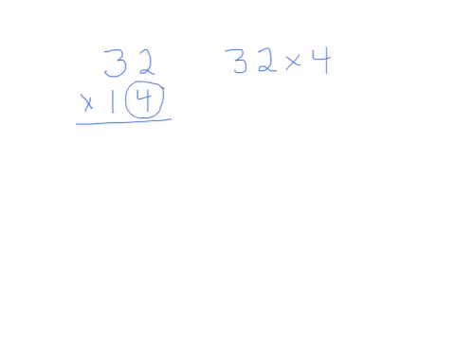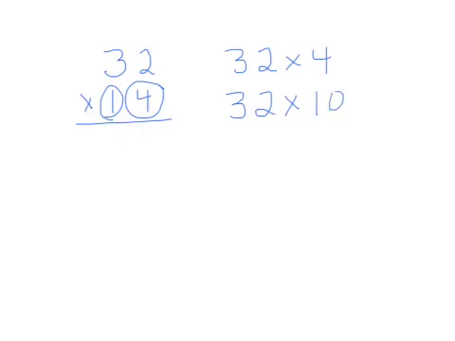So let's take a problem, 32 times 14, let's say. Let's think about what that actually means. We're actually multiplying 32 times 4 because there's a 4 in the ones place, and we're multiplying 32 times 10.